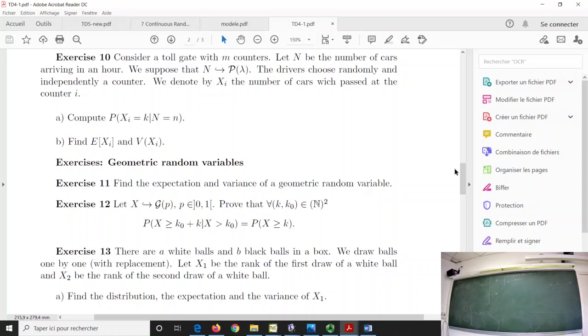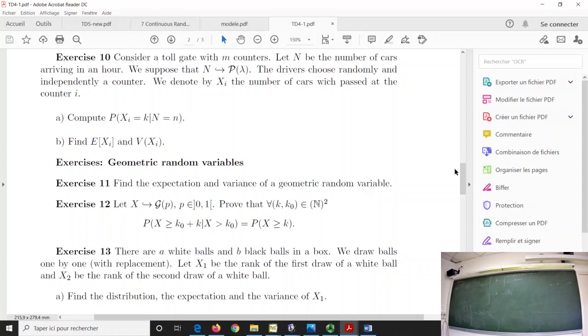Bernoulli? Yes. 1, 0. And if I want to describe perfectly my Bernoulli, what is the parameter? P, yes, but what is P? So, I said that I choose randomly.